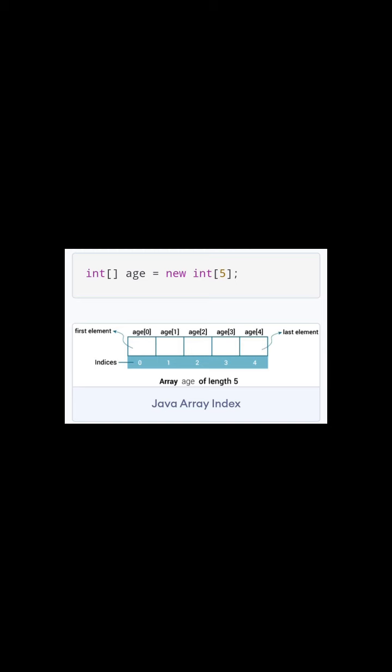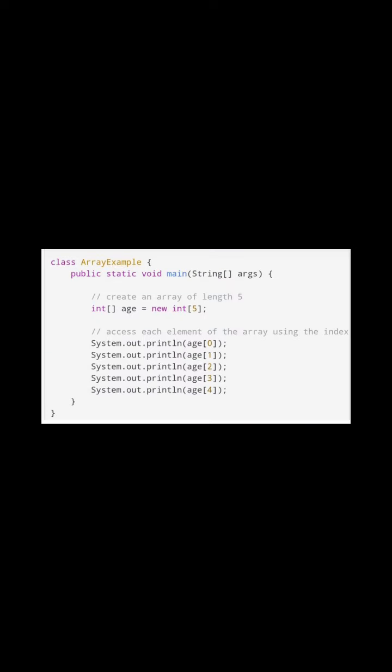Now, we can use the index number to access elements of the array. For example, to access the first element of the array, we can use age, square bracket, and we put 0, and the second element is accessed using age and we put number 1 in square bracket, and so on.